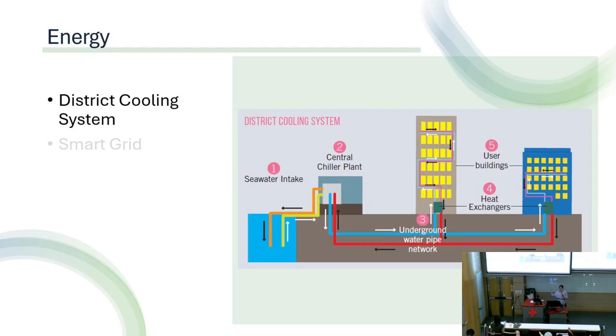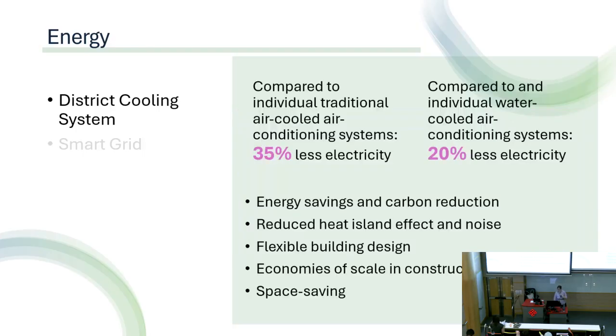So we've got a single chiller plant to handle the cooling of the water, and the water is transported to other locations to chill the air. Compared to individually air-cooled systems, so the general cooling systems, it uses around 35% less energy. And that's for the air-cooled.